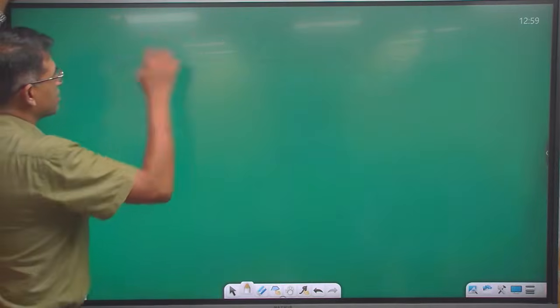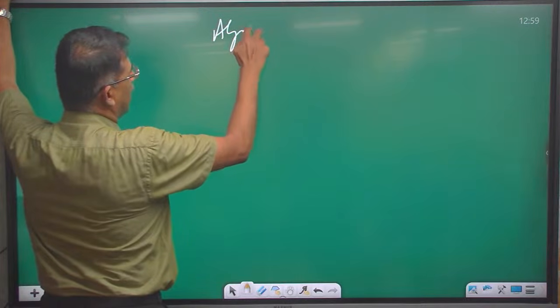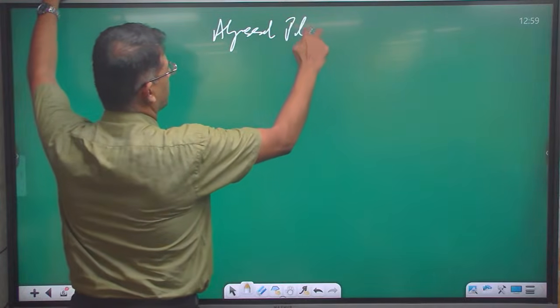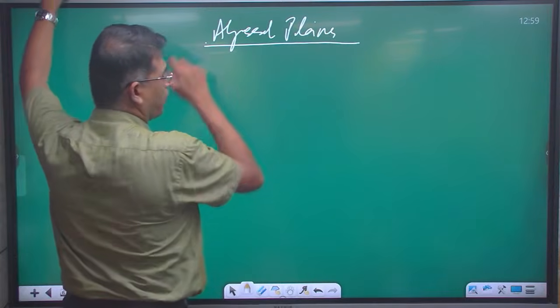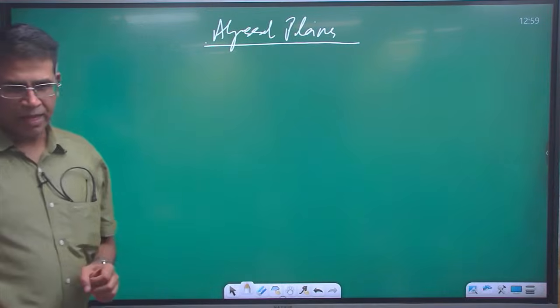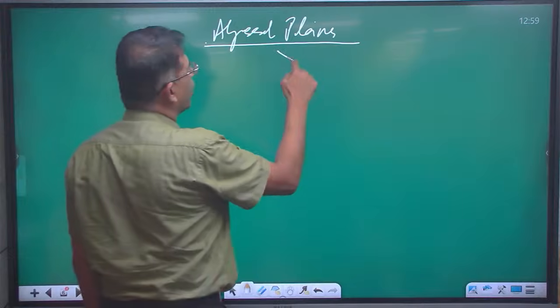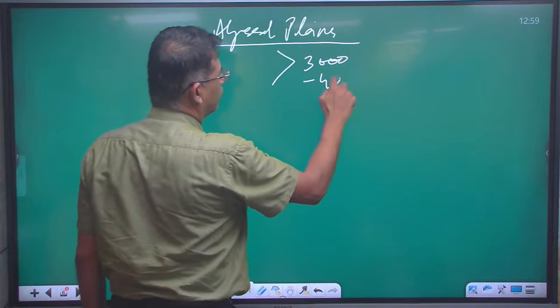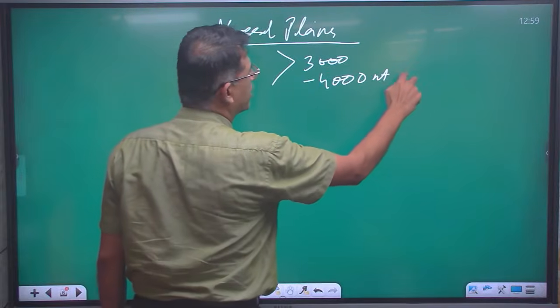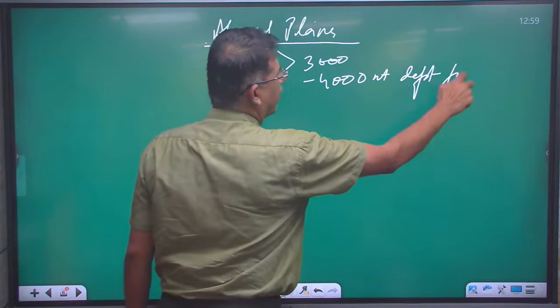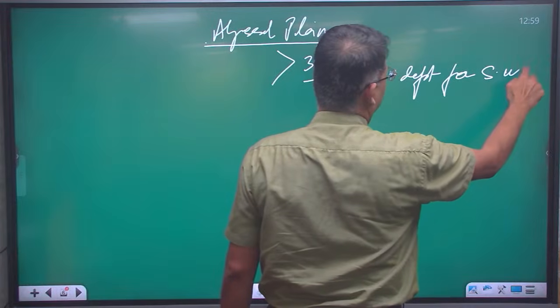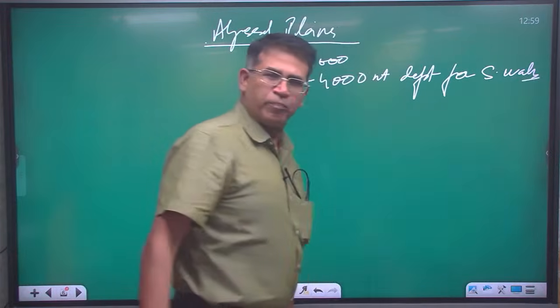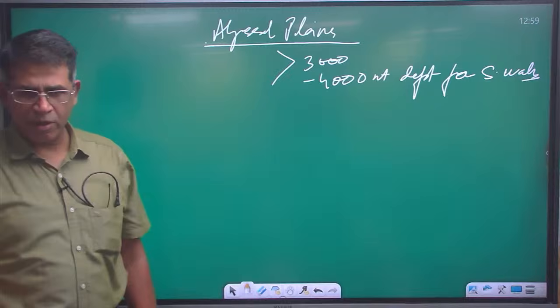Next we discuss the abyssal plains. The abyssal plains. So this is generally more than 3,000 or more than 4,000 meters depth from surface of the water. Abyssal plains, okay, beyond 3,000.